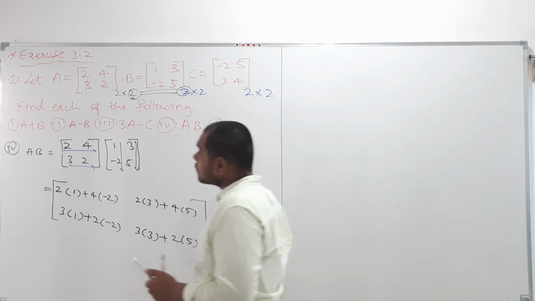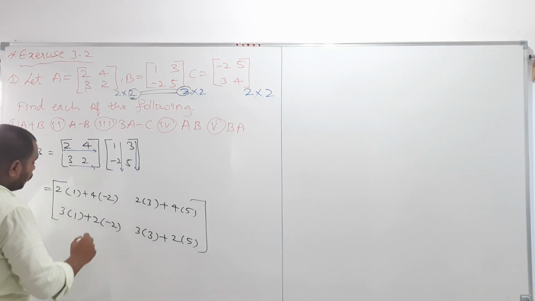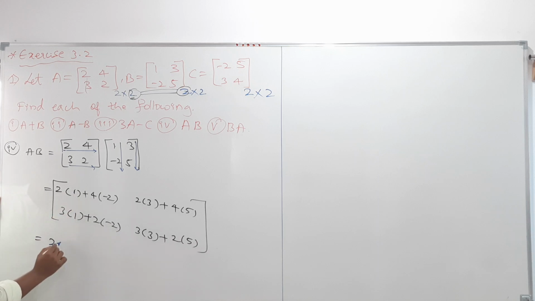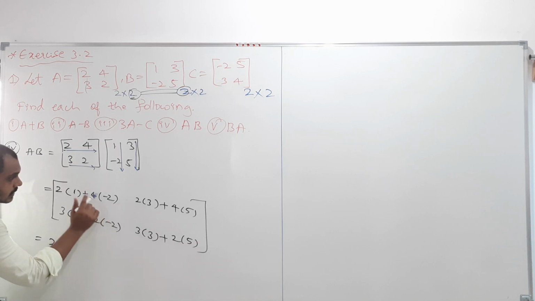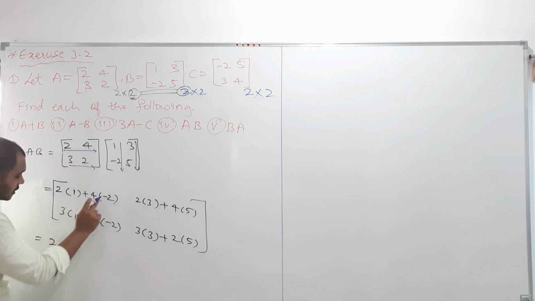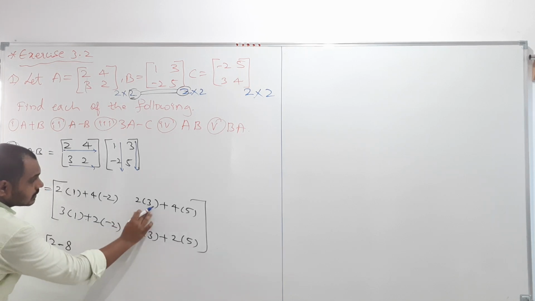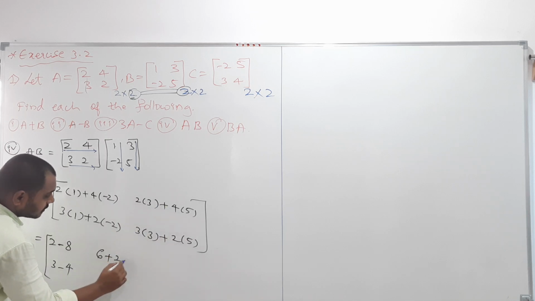Now simplify this. 2 into 1 is 2, plus minus minus. I am writing 4 into minus 2 under the bracket to make the simplification easy: minus 8. Next, 3 into 1 is 3 plus 2 into minus 2 is minus 4. And next, 2 3 is 6 plus 4 5 is 20.